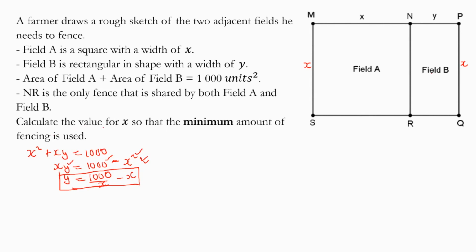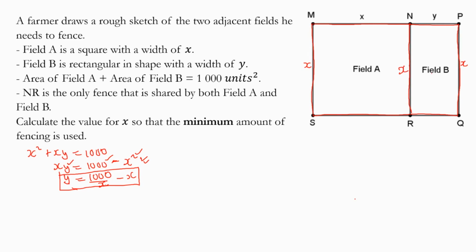Calculate the value of x so that the minimum amount of fencing is used. So we need to find the length of the fence that is going to be used here. We are looking at this distance plus this distance plus this distance plus this distance, plus this distance NR, which is also x.